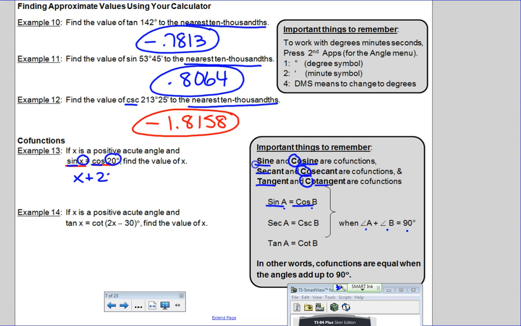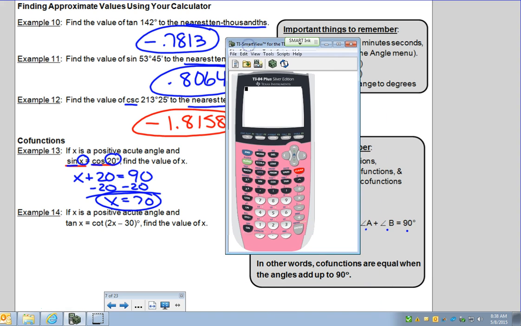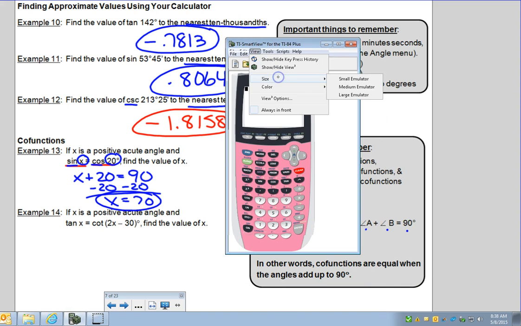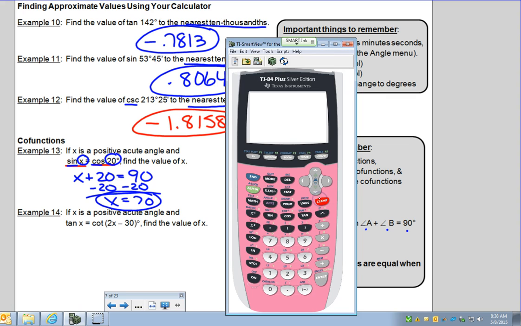Now, you don't have to set this up, but technically this is what I'm thinking. I know the two angles have to add up to 90. So x is 70. Now I could check this. The sine of 70 that I got is that, and the cosine of 20 is also the same thing.